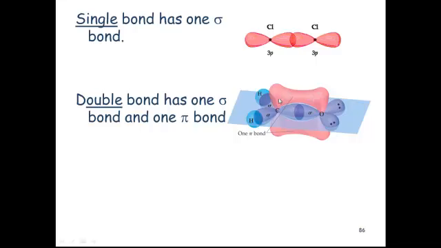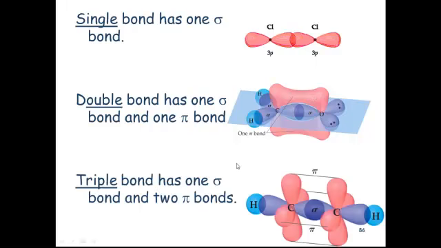This bond density right here and down here are all part of the same pi bond. So a pi bond has two lobes, a red lobe up above and a red lobe down below. There is a double bond between this carbon and this oxygen. If you were going to tally up the number of sigmas and pi's in this molecule, you would say 1, 2, 3 sigmas and 1 pi.